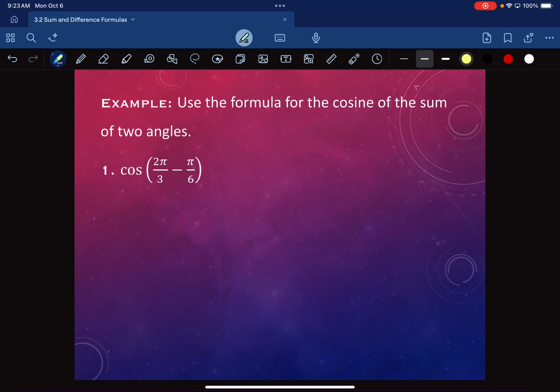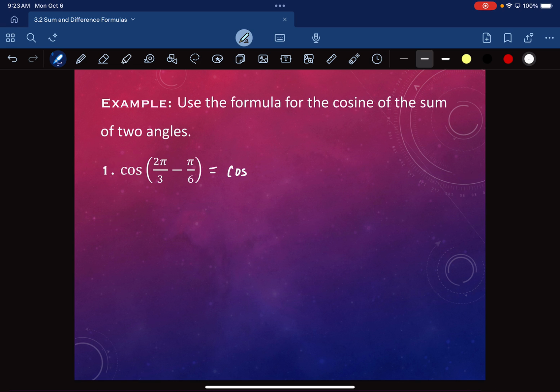So taking a look at your cosine sine and your sum difference identities right here. This one says I've got the cosine of two angles subtracted. Do you see which one that is in your paper? Yep. Okay. So we're going to use that identity to rewrite this expression. So we're going to change this to say I've got the cosine of what angle?